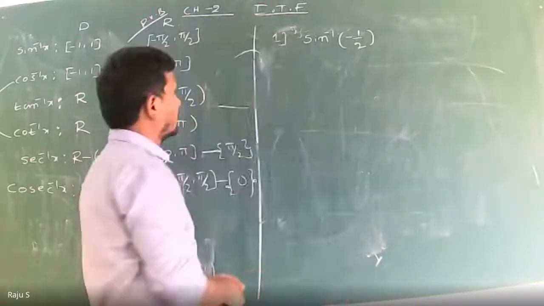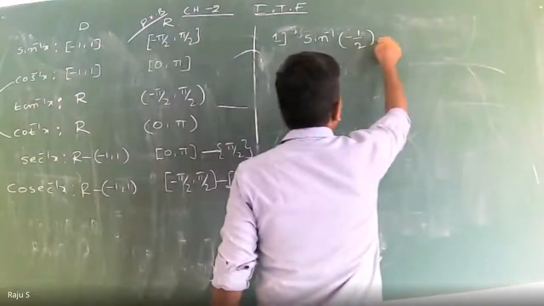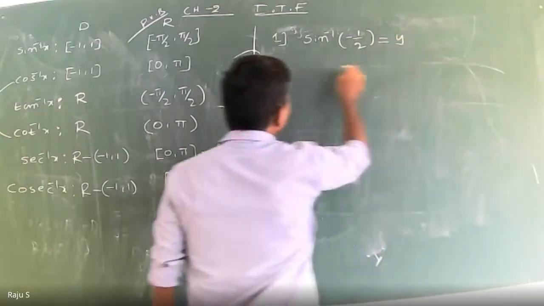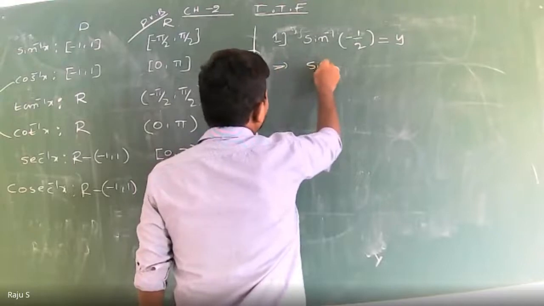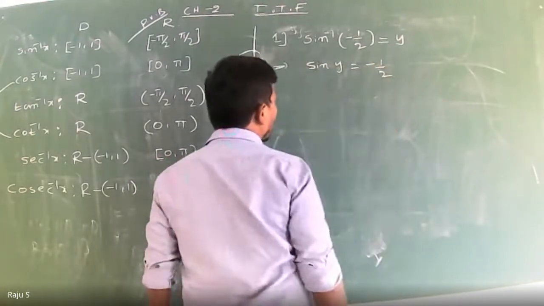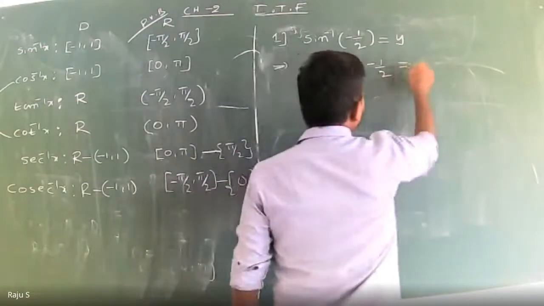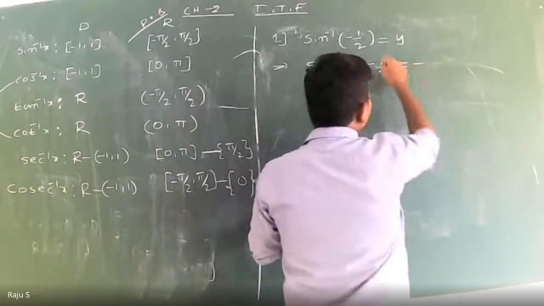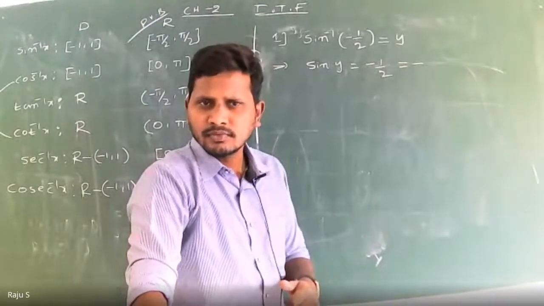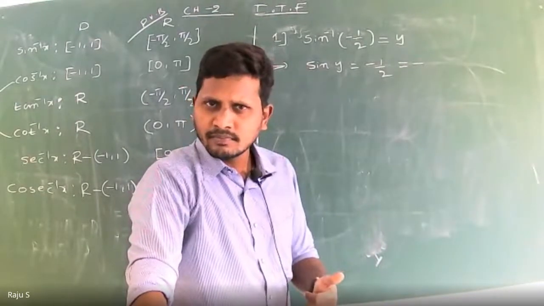To find the principal value, let us equate it to y, which implies sine y is equal to minus 1 by 2. Am I right? So sine of what value becomes 1 by 2? Sine 30 or sine 60?